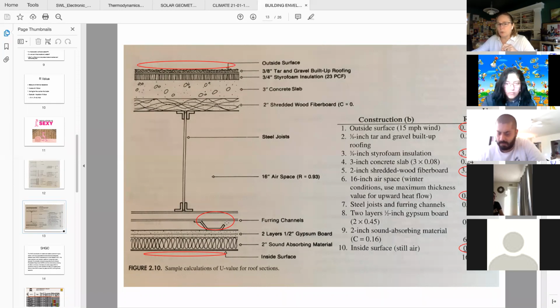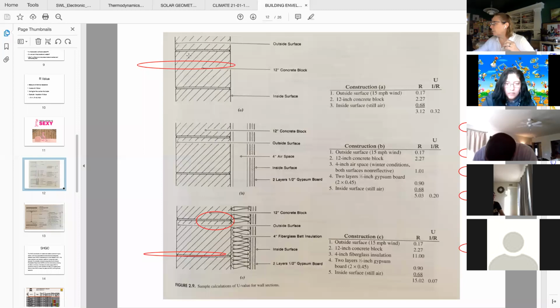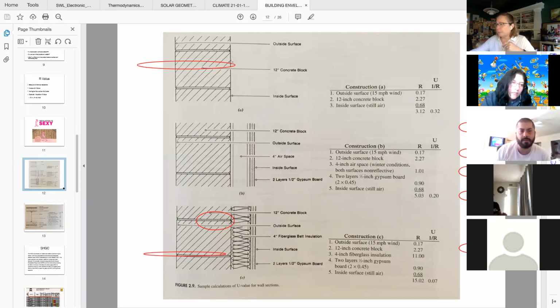Furring can refer to multiple uses of building out your assembly for various purposes. For example, on a block wall, if you want to drywall the inside, but you don't want to build a whole 2x4 wall, you can add 1x or 2x strips of wood at 16 inches on center to attach your drywall to the inside of a block wall, because you don't want to put drywall directly up against CMU.